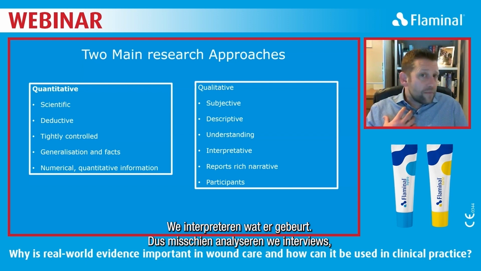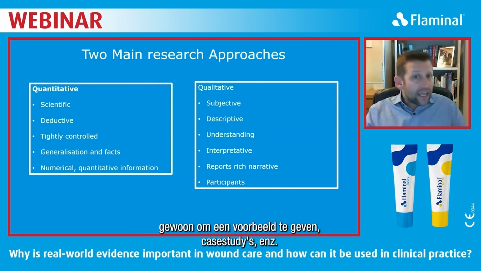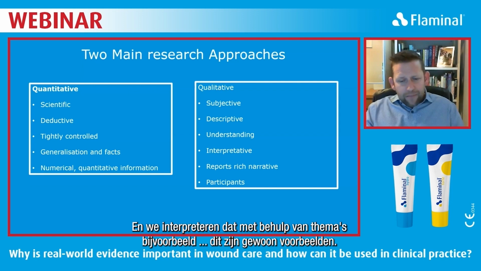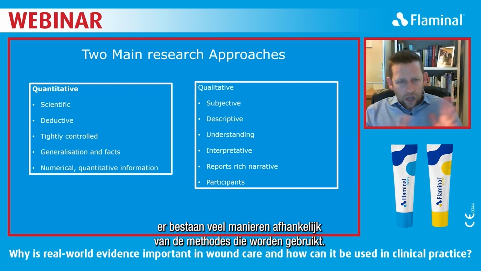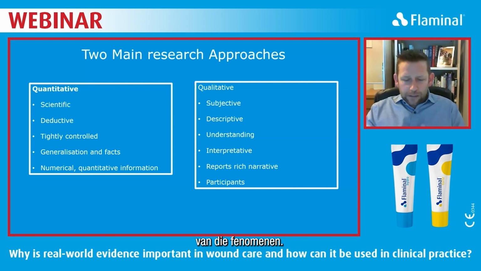So we maybe analyze interviews, we possibly analyze transcripts of interviews, of focus groups, just to give some example, case studies, etc. And we interpret that using themes, for example. These are just examples. There's lots of ways depending on methods used. However, we interpret these and we try to draw themes from that phenomenon.